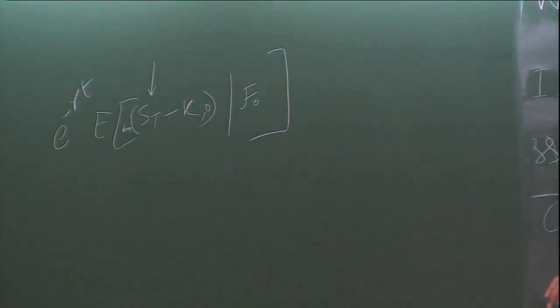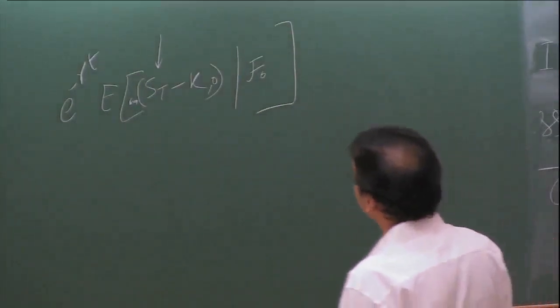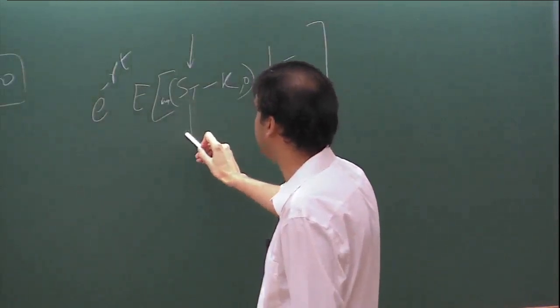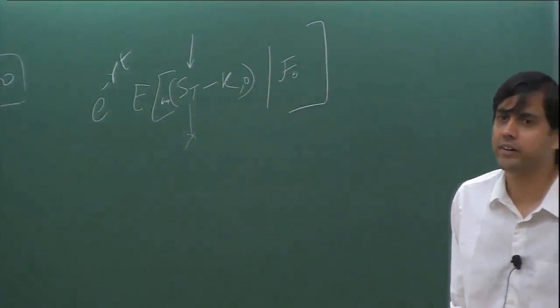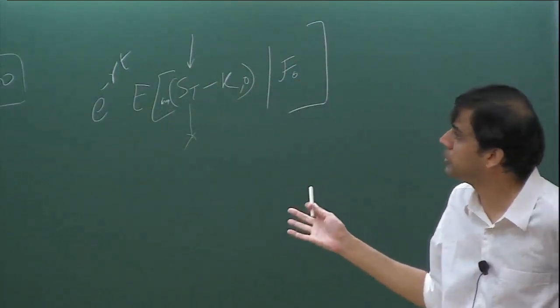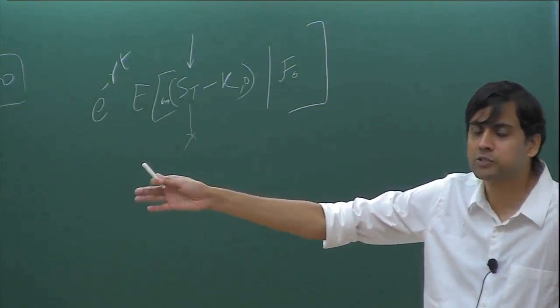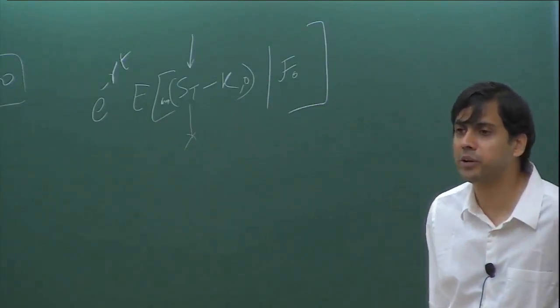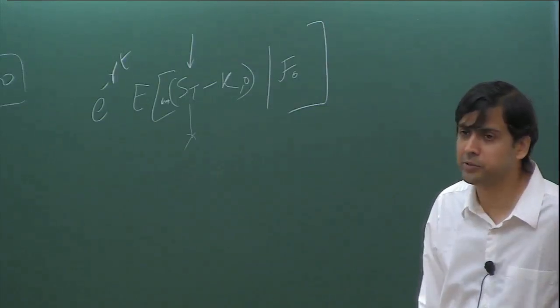So it's a pretty straightforward method to compute this. The only thing is, how would you draw the samples of ST? You want to sample ST from a distribution. So far we were looking at drawing numbers from a uniformly distributed random variable. But in this case, what would be the distribution?